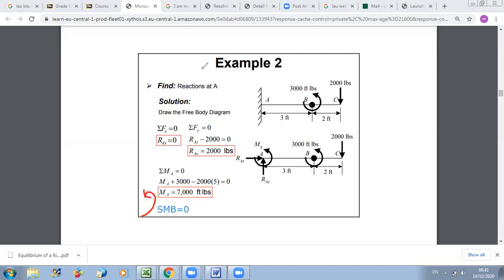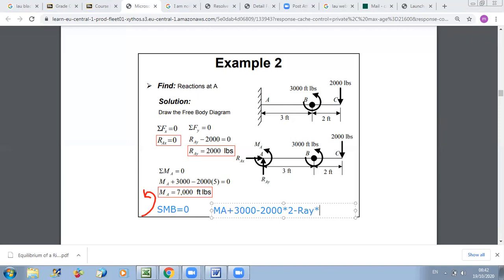MA plus MB minus 2000 times 2, minus RAy times 3.